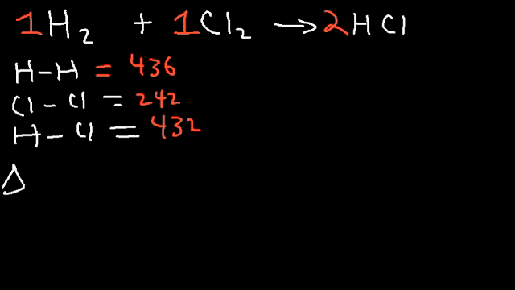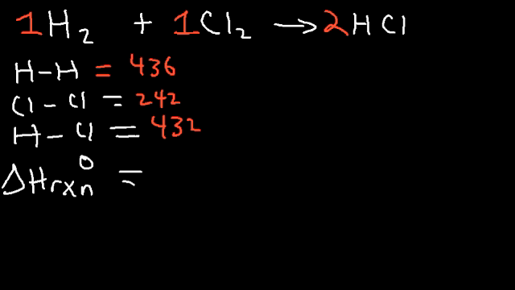So to estimate the enthalpy change of the reaction, it's going to be the difference between the energy absorbed when you break the bonds and the energy that's released when the bonds form. So whenever you break a bond, it's an endothermic process.